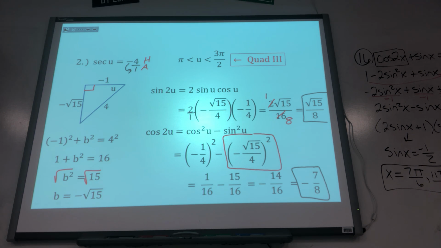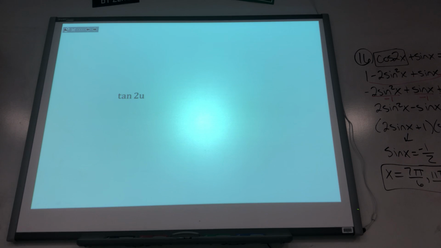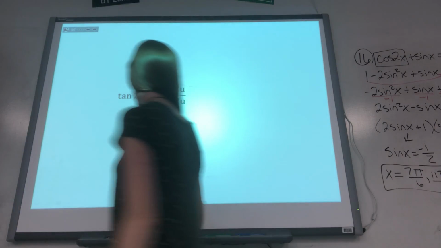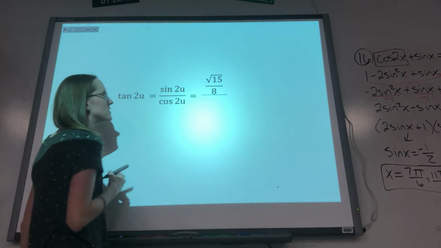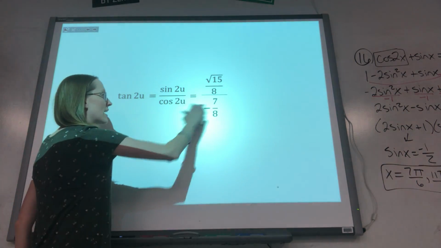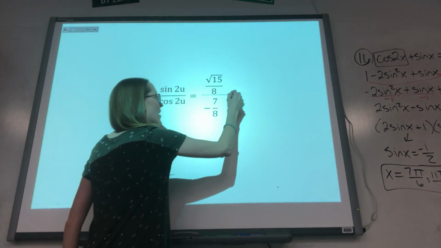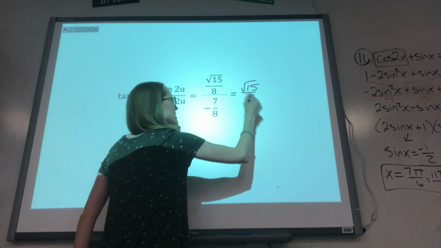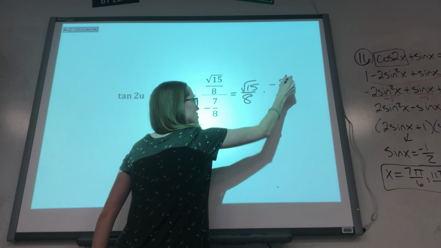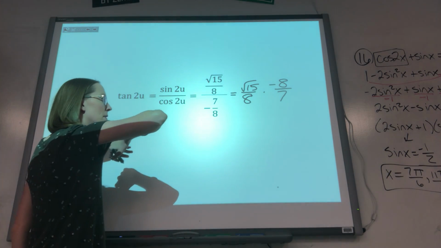And last part is tangent of 2 theta. So I'm going to do our little quotient identity here. Sine of 2 theta, not theta, u, sine of 2u is square root of 15 over 8. Cosine of 2u, found that earlier, that was negative 7 over 8. So we keep, change, and flip.